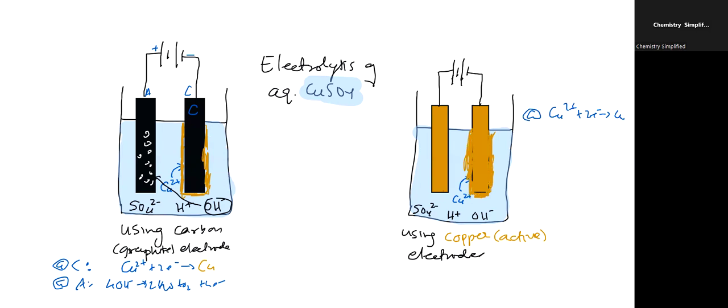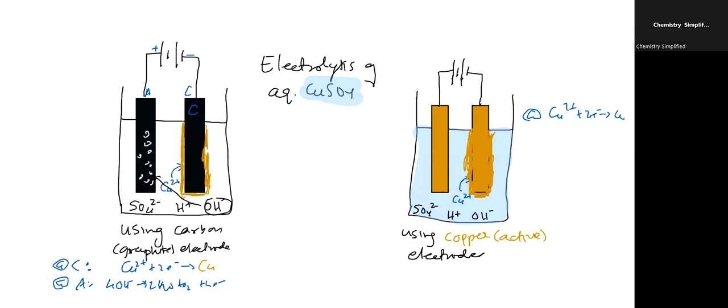Now over here in the left hand side beaker where there is a carbon electrode, at the cathode copper ions get used up. So because copper ions get used up, the electrolyte will lose its blue color and become colorless eventually. The blue colored copper sulfate will become colorless because it becomes sulfuric acid.